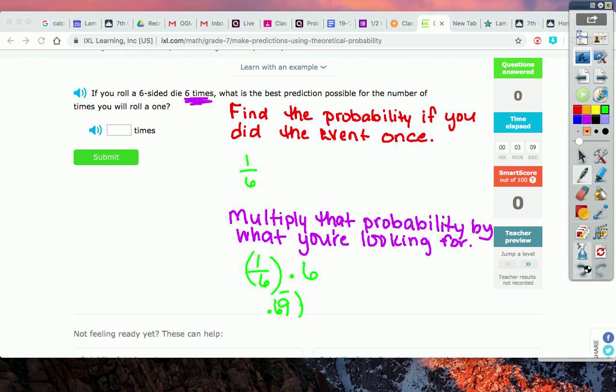If you had more room in your calculator, it would have given you more nines. So 0.9 repeating times 6, which gave you what? 0.9 repeating, yes, which will give us what? 1. So our answer here is 1. Remember, round up.